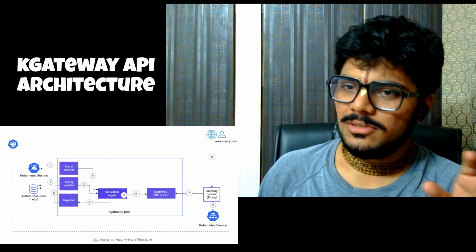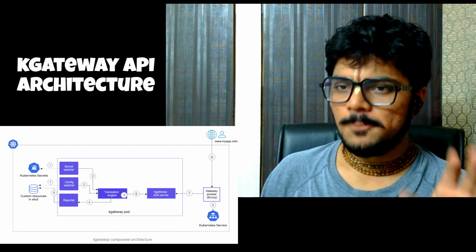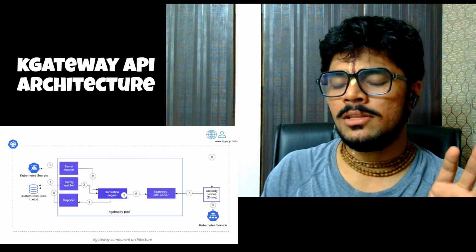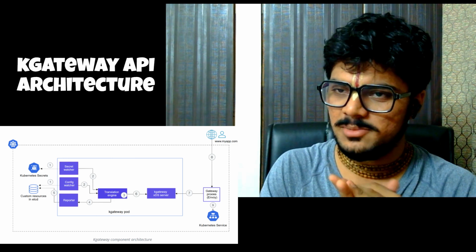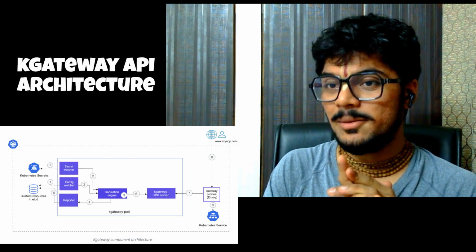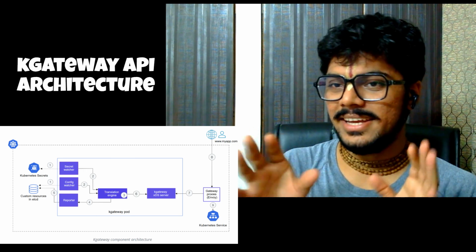So the etcd server will store the current state of your architecture at the moment of the XDS snapshots that have been sent by Envoy, the data proxy of this kgateway project.